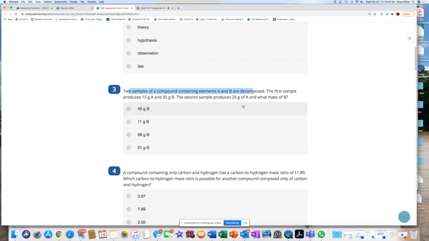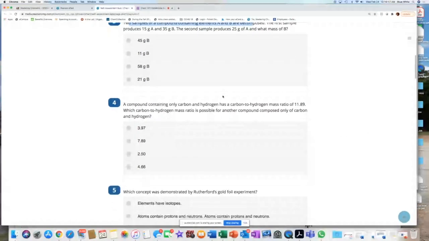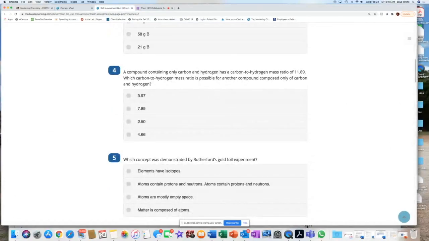So this question looks like one of those mass ratio questions. Even though I'm looking at this one here, I think I would like to work on number 4 instead. A compound containing only carbon and hydrogen has a carbon to hydrogen mass ratio, right?